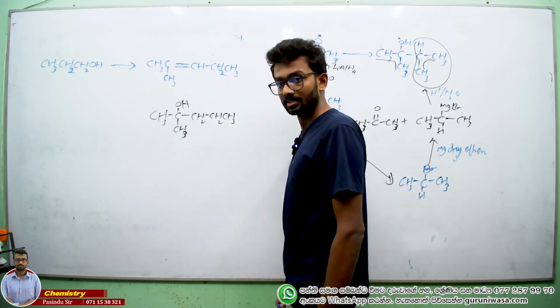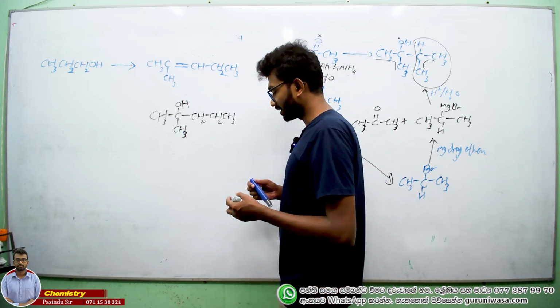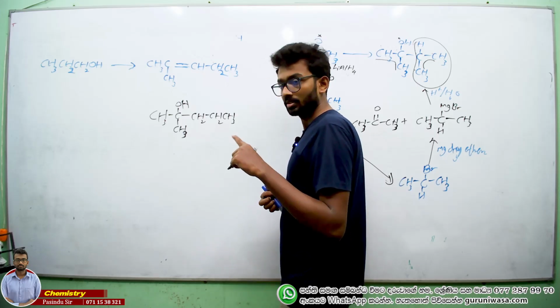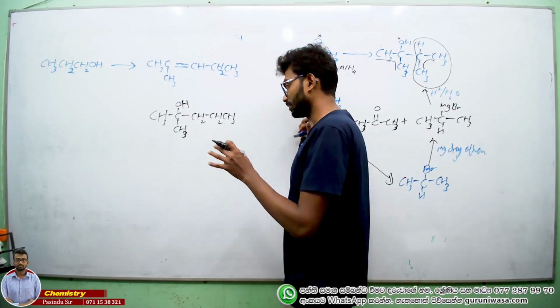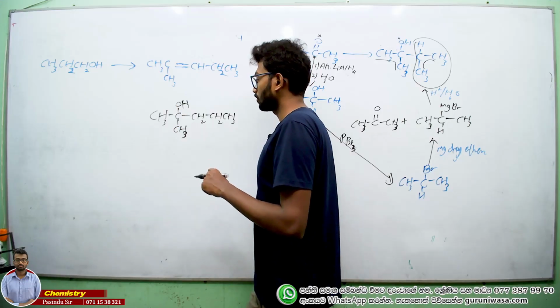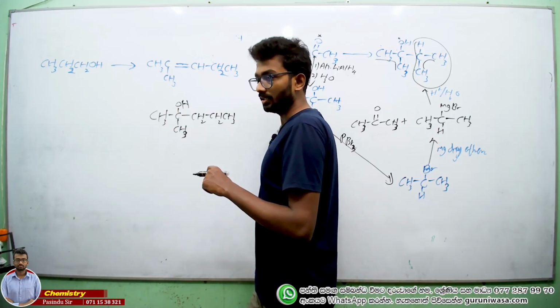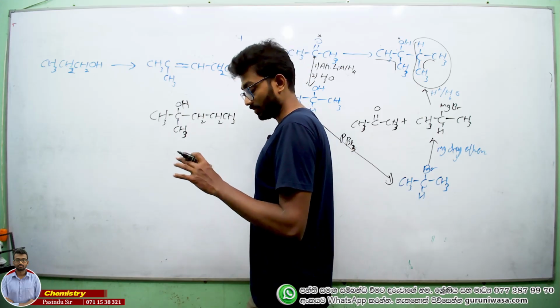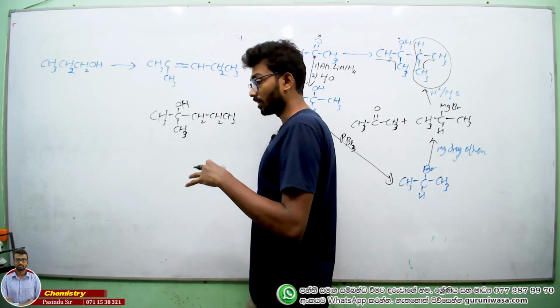You can use Grignard. Before that, just break down the parts. Which part is the ketone part and which part is the Grignard part?